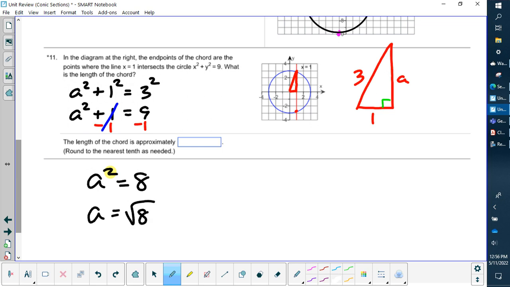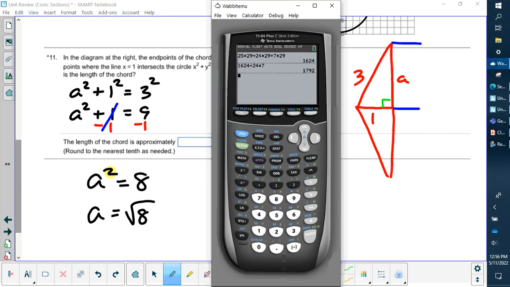Now that's probably going to give me a decimal answer, and you have to remember that that's only half of the problem. You have another segment that should make the same right triangle down here, so I'm going to double it. Let's figure out in a calculator the square root of 8. It's roughly this decimal. The more decimal places of accuracy, the better.